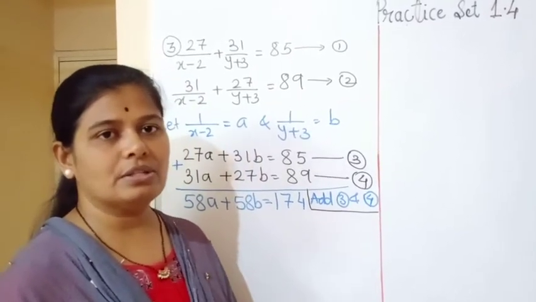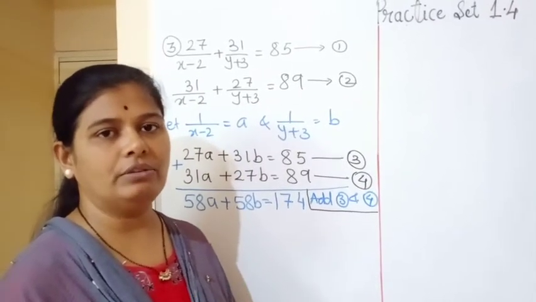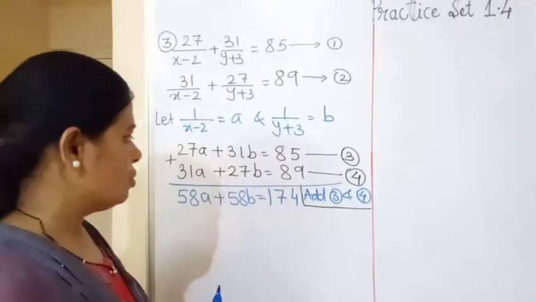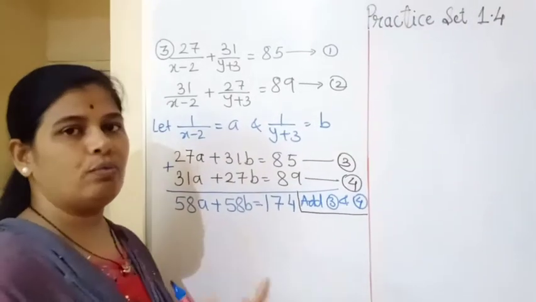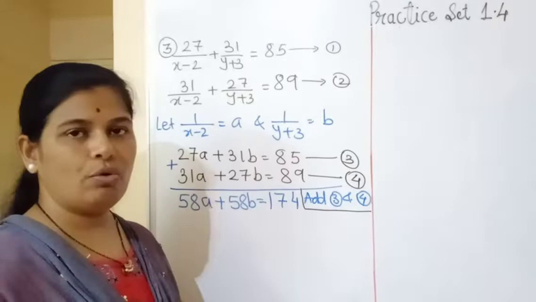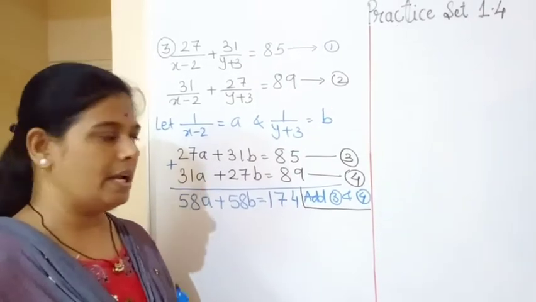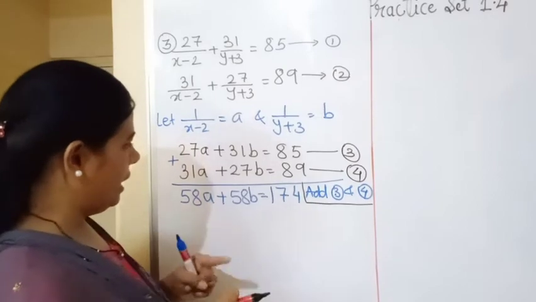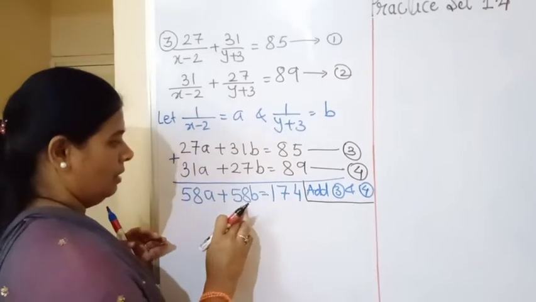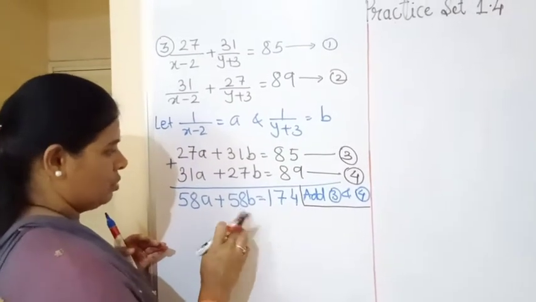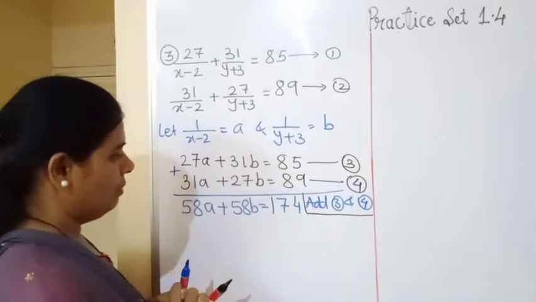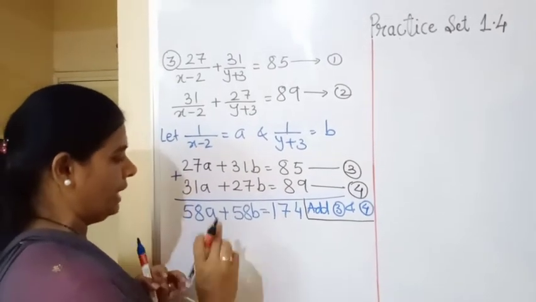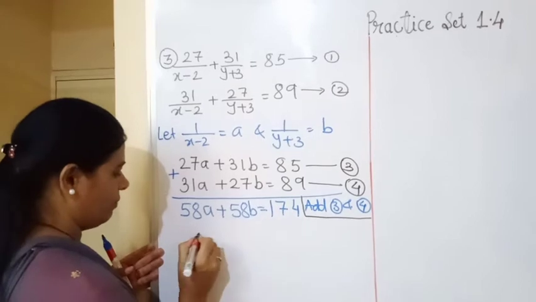Just like 8 8s are 64 and 8 3s are 24. So we'll just see whether 58 4s is 174 or 58 8s is 174. If we make 58 8s, it will be greater, I think. So we'll make 58 3s.